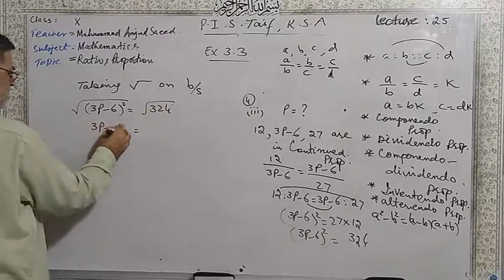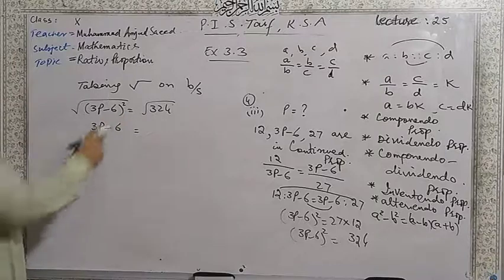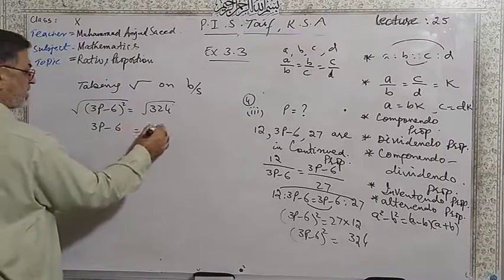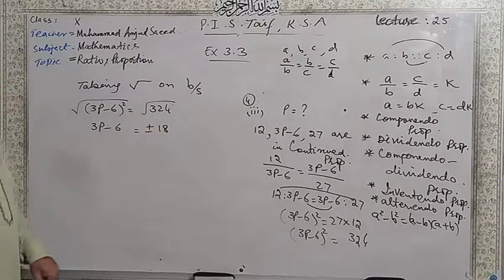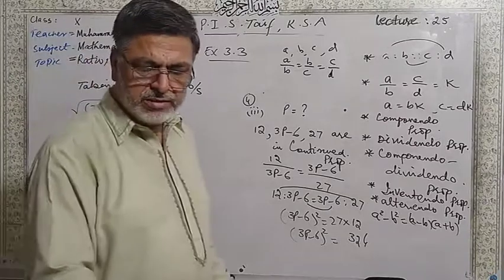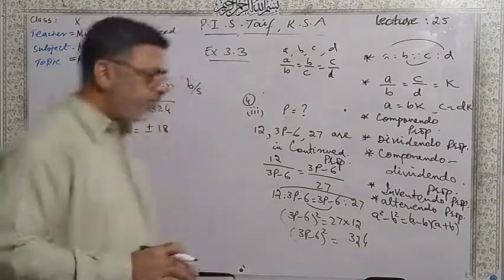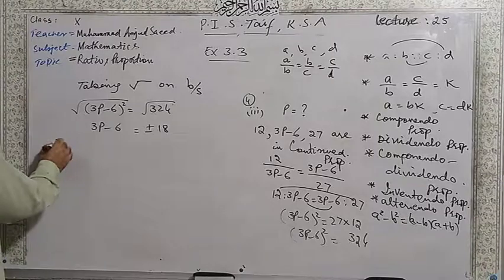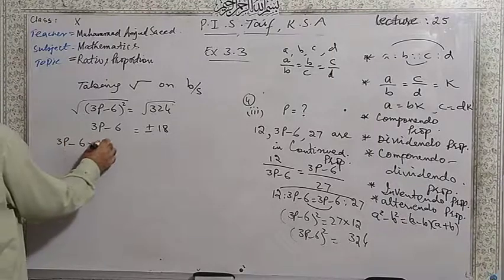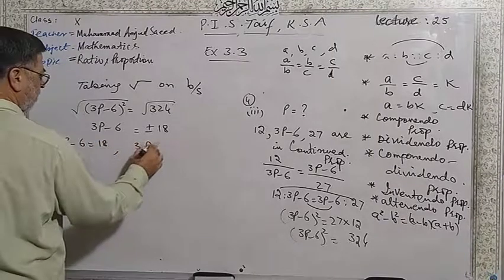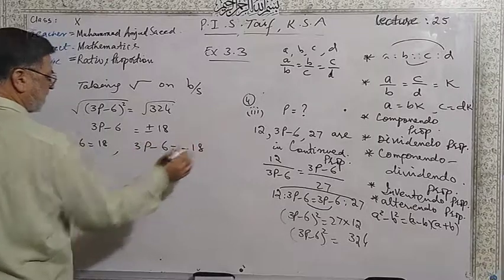So the 2 and the square root cancel out in 3p minus 6, and the square root of 324 is plus minus 18. So you can write down 3p minus 6 is equal to plus 18, and 3p minus 6 is equal to minus 18.